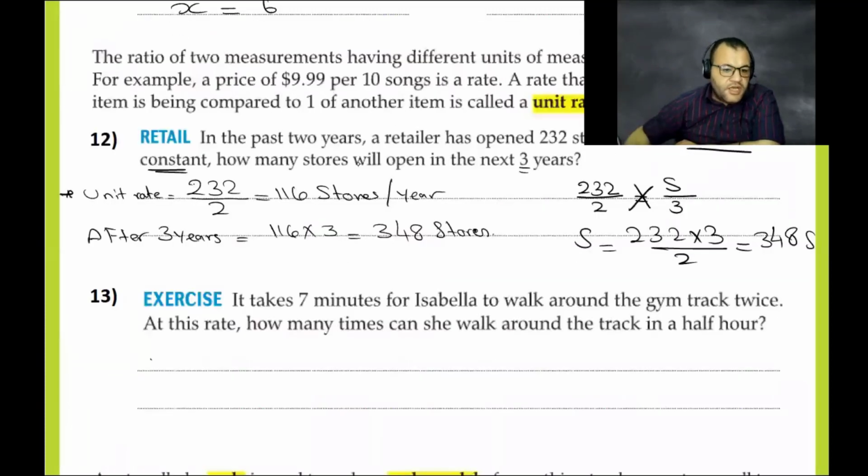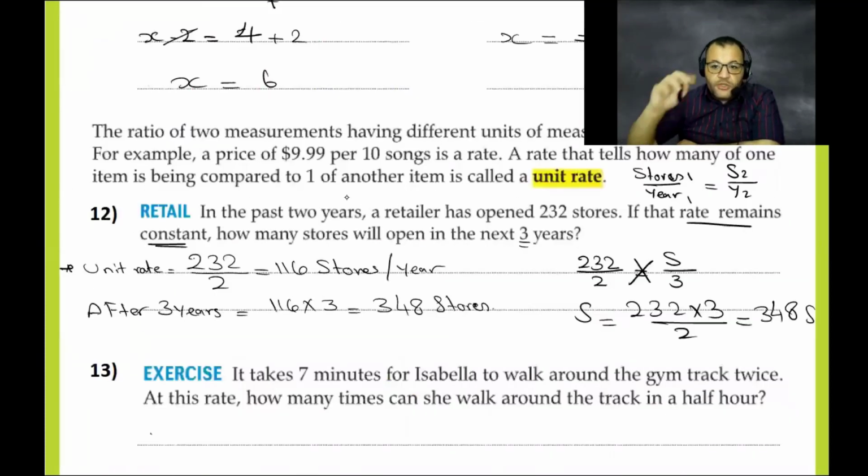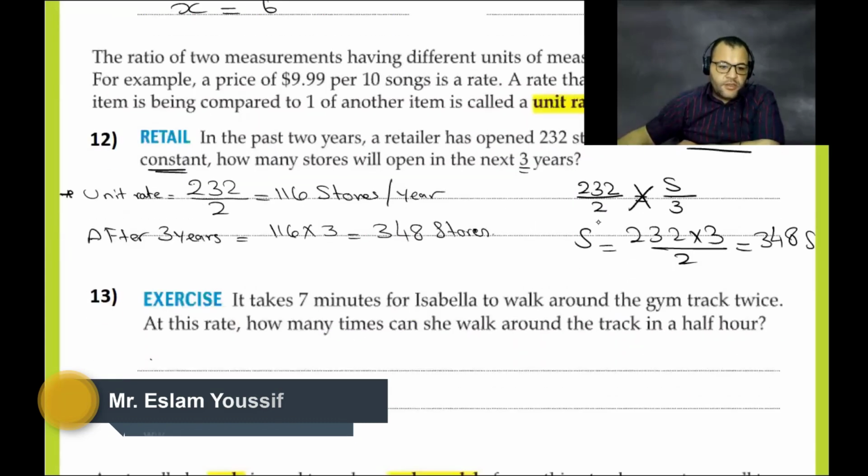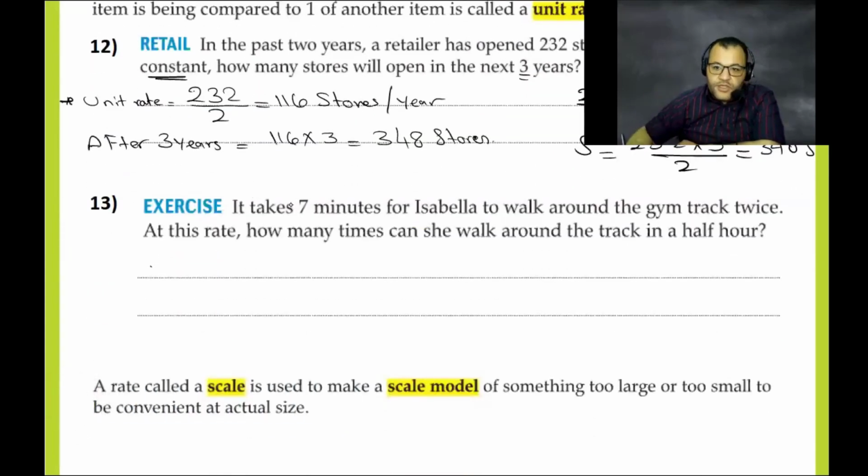If you look at question number 1, we compared two different units: the number of stores and the number of years. Again, for a rate we compare two different units. So what are the two units here? Minutes and the gym track.